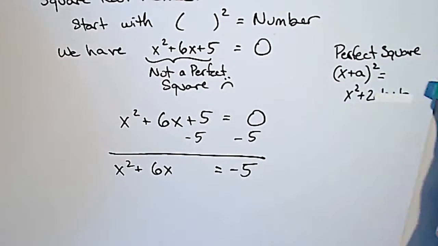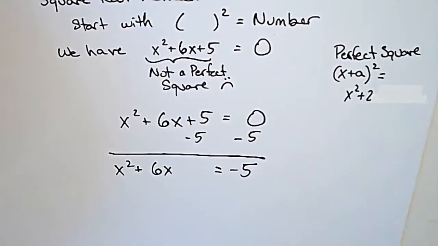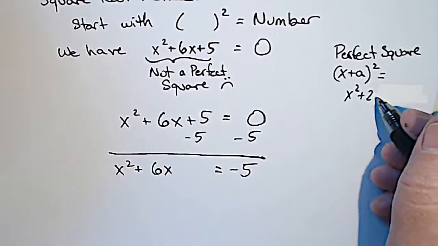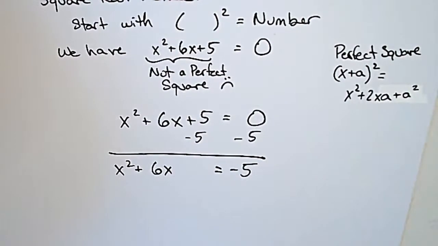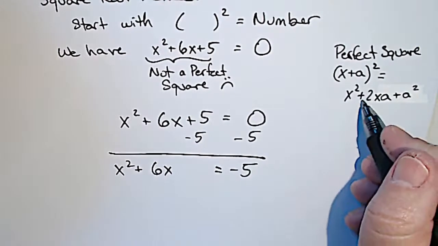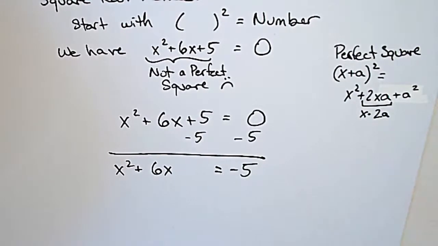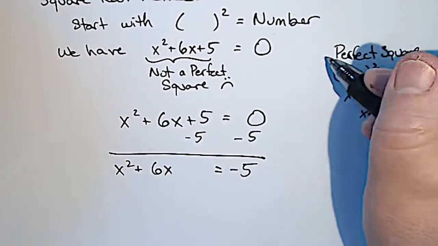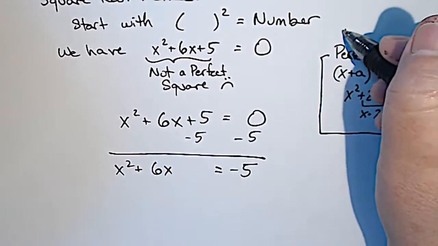Seriously? I can't take me anywhere. Yeah, you guys know what this is. x plus a, the quantity squared, you could so do this better than I can, equals x squared plus 2xa plus a squared, right? So in the middle term, I've got an x times 2a. Okay, so this is just a reminder, just a little reminder.